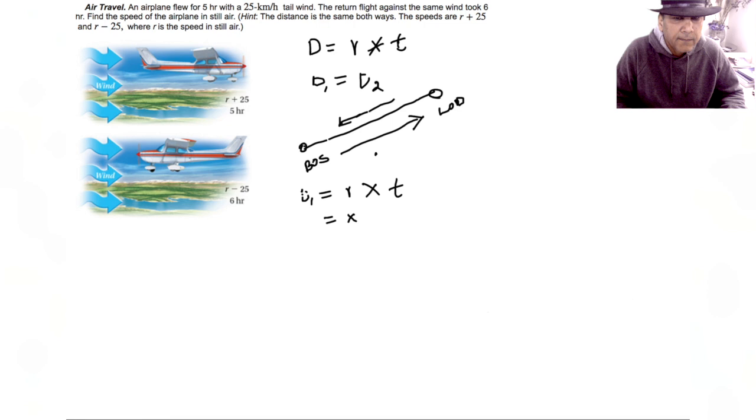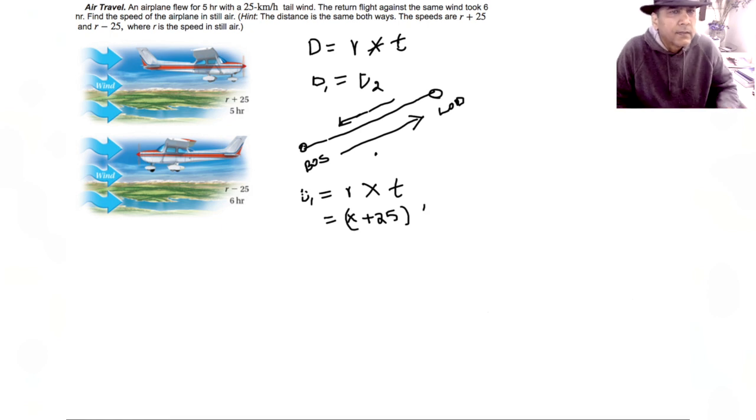So I'm gonna write down here X plus 25 times T. T is what? It took us 5 hours. So the value of T is 5 here.